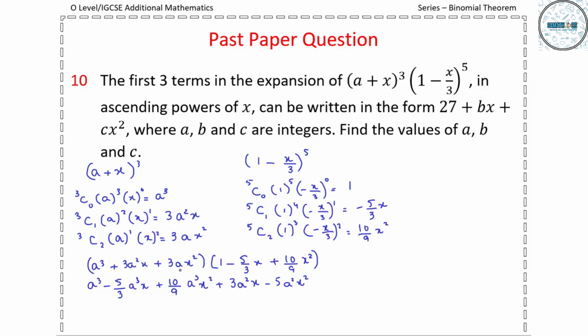Then we will multiply 3ax square by 1, so we will get plus 3ax square, which is equal to 27 plus bx plus cx square.